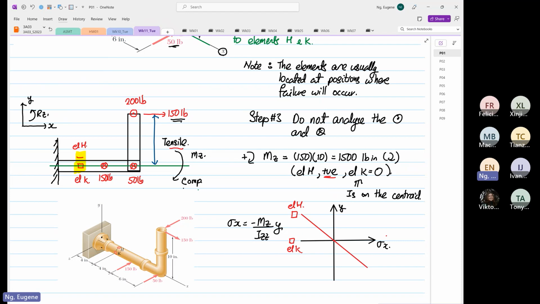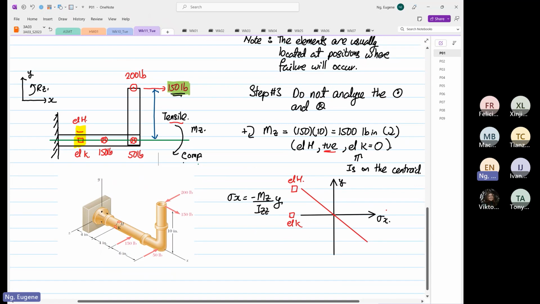Now, moment about Z, the 150, let's focus on the 150 over here. The 150 will also induce an axial load P in the X direction, which is equal to 150 pounds.